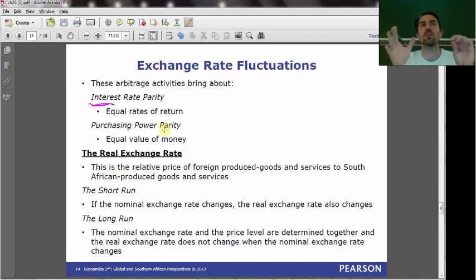Of course, arbitrage is not that simple across countries because you have other costs involved. It costs you to move eggs. There are also often taxes and import duties, which means the price of eggs in South Africa and the Netherlands might in fact be different.